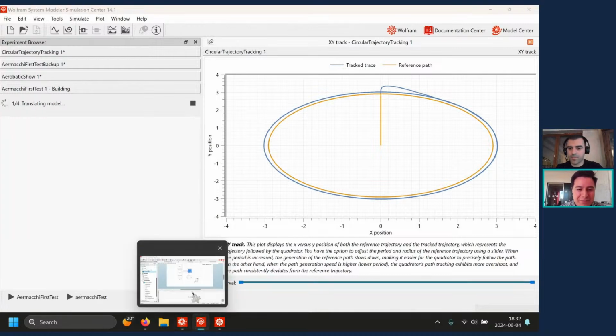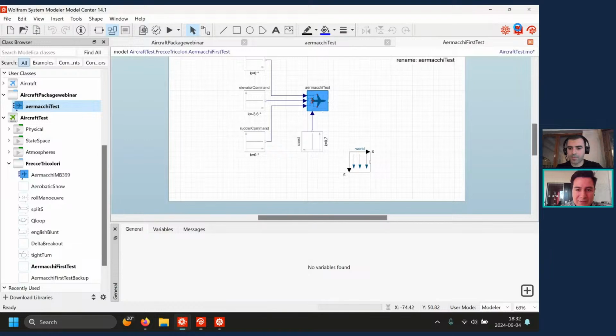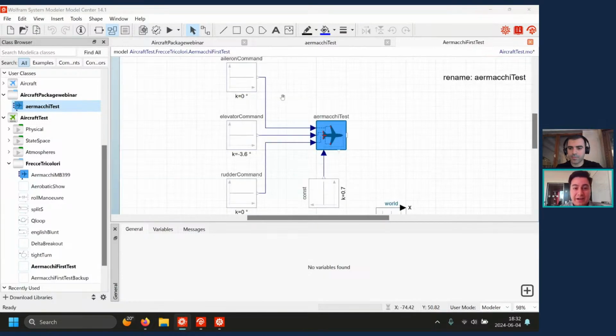And while it simulates, I'm going to come back and explain a bit what these things that I connected are. This is just a constant source. Nothing elegant, nothing impressive. It's just a 0-degree angle for the ailerons. The ailerons are the ones that control the roll. For the elevator, we just put a tiny bit of a negative deflection so that the airplane is a tiny bit up and doesn't go down so fast.